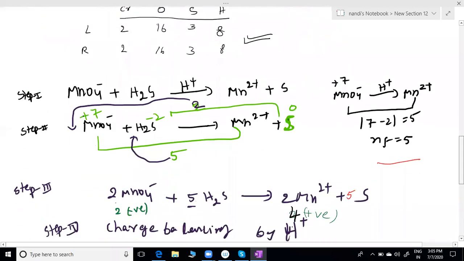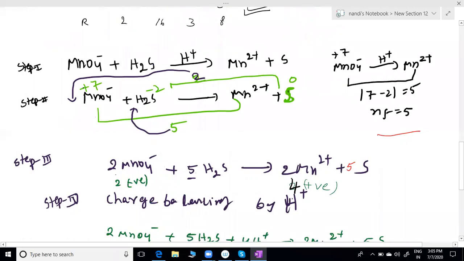Simple steps. You should know the n factor calculation perfectly. You have to know that. We'll try another example using the oxidation number method.